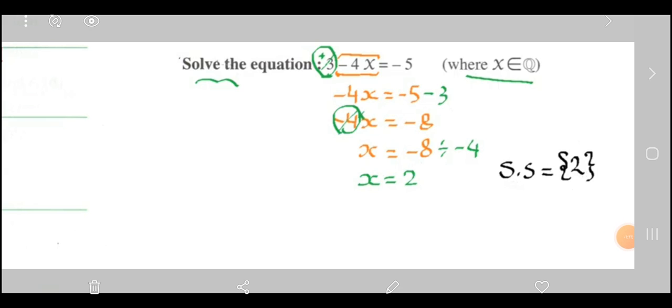Here is another example. Solve the equation 3 minus 4x equals negative 5 where x belongs to Q. What does it mean, solve the equation? It means find the value of x or find the SS.